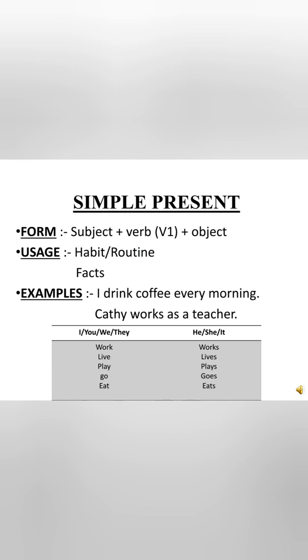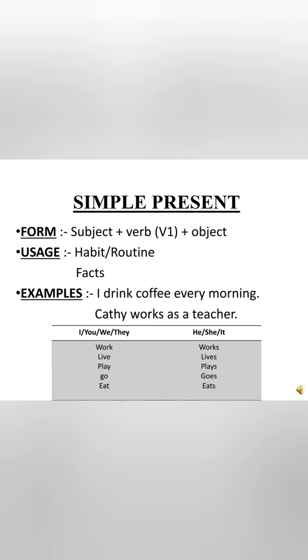Now you may ask a question: both the verbs have two different forms, that is drink and works. One has an S and the other does not have an S. Why is this? Now see children, the chart just below this simple present tense shows us when we have to use the verb with an S and when we have to use it without an S. When the subject is I, you, we or they, we do not use S. But when the subject is he, she or it, we add S to the verb.